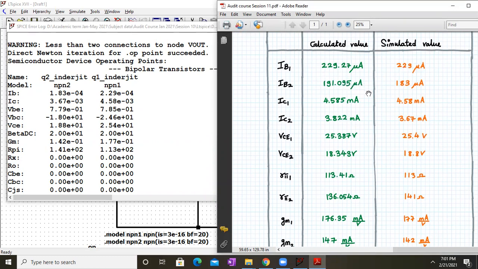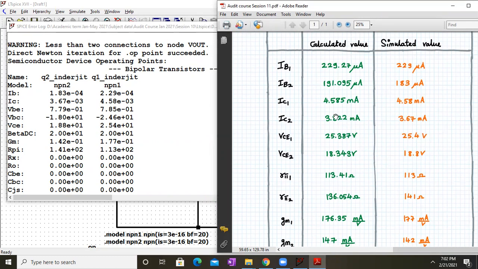It is in microamperes, so this much difference is tolerated. Then VCE1 is 25.4 volt, and by calculation it is 25.387, so quite close. VCE2 is 18.8 in simulation and 18.343 volt, again quite close.